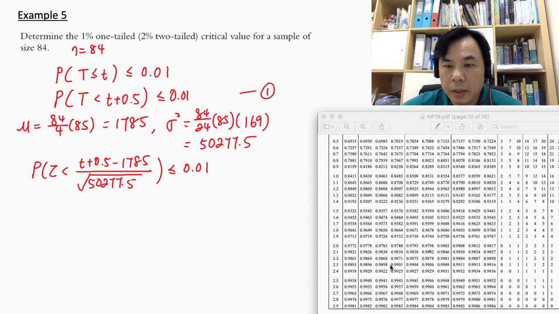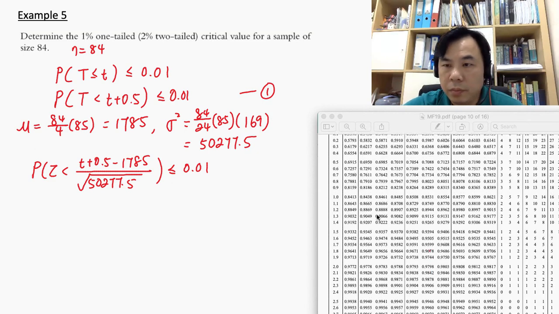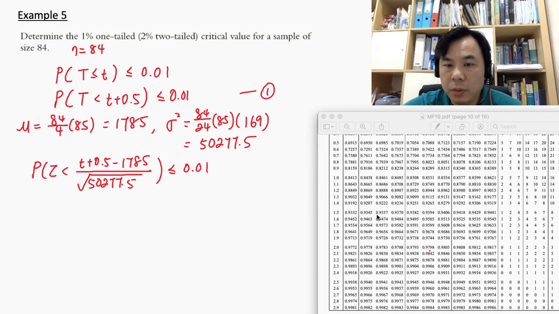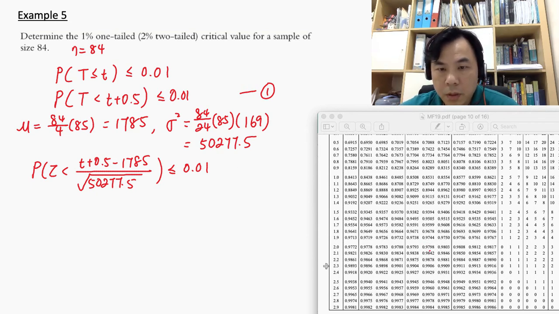So I can get close approximations. If you want to get the exact one, let me check. Okay, if you want to get the exact one, it will be 2.3, 2.312, and then 6.